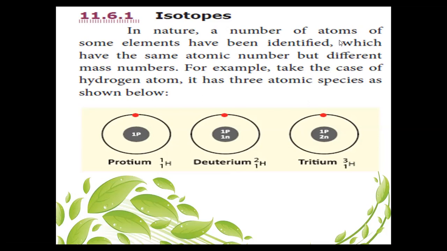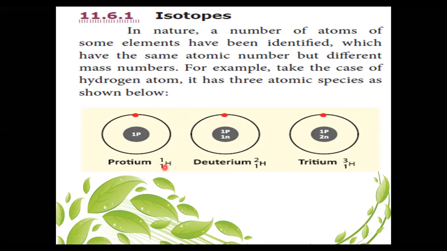For example, hydrogen. First one: atomic number is 1, mass number is 1. That is called protium.